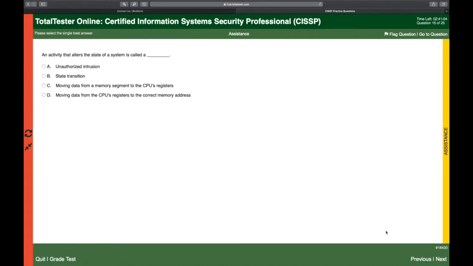Number 15, an activity that alters the state of a system is called a blank. Yeah, we haven't seen this one before.